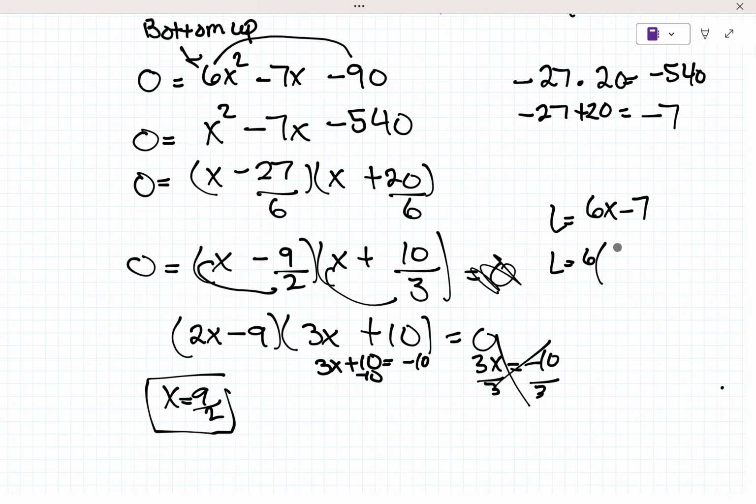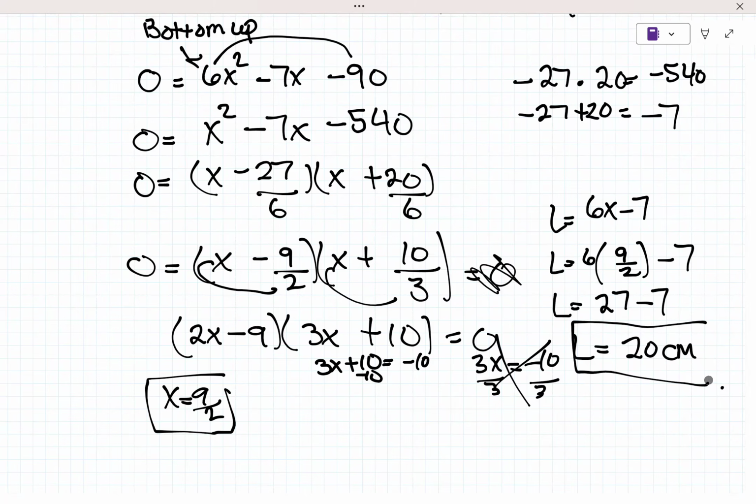So 6 times 9/2 minus 7. And what's 6 times 9/2? That's going to be 27 minus 7. 27 minus 7 is 20. Okay, and then my width is just x, so our width is going to be 9/2.